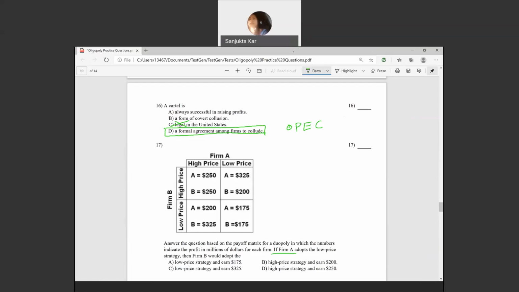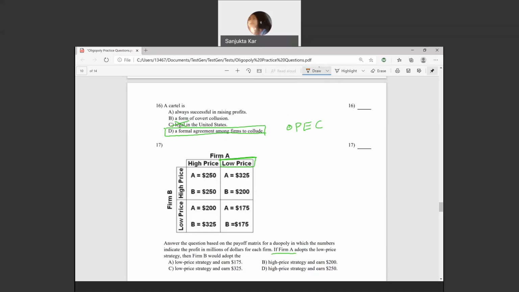Firm A is adopting a low price strategy, so what would firm B do here?